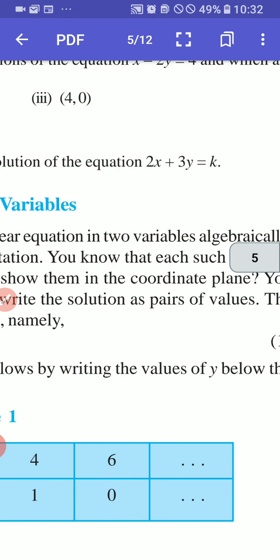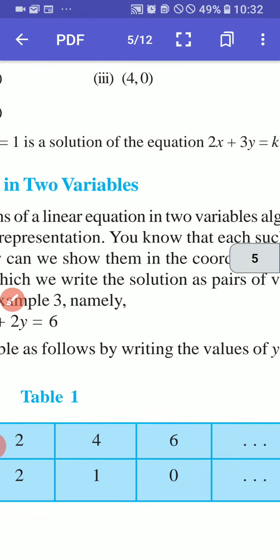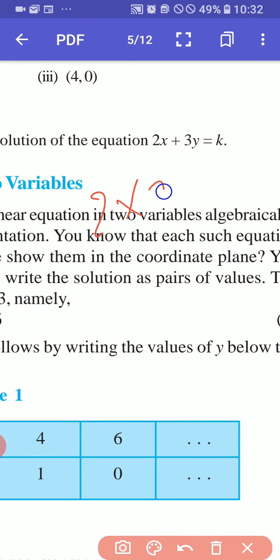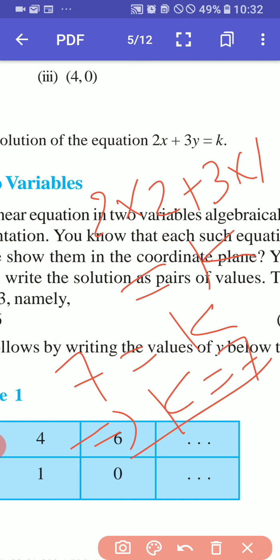So it will satisfy the given equation. Given equation is 2x plus 3y equal to k. You will put 2 into x equal to 2 plus 3 into y equal to 1 equal to k. 4 plus 3, 7 equal to k implies k equal to 7.